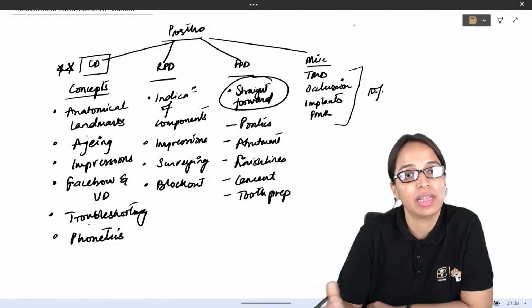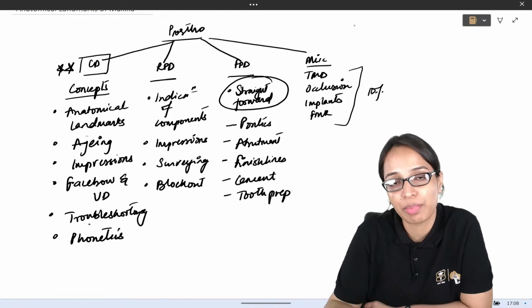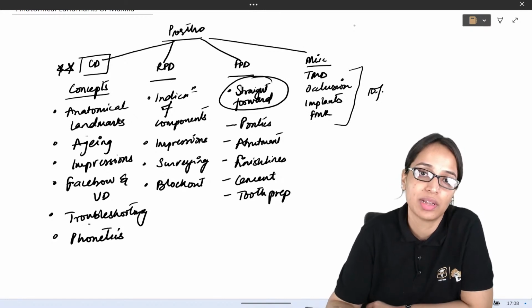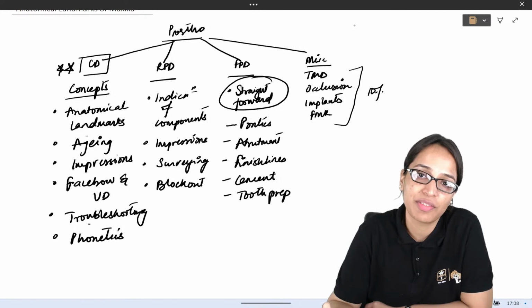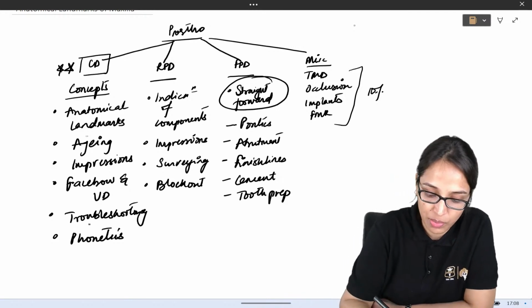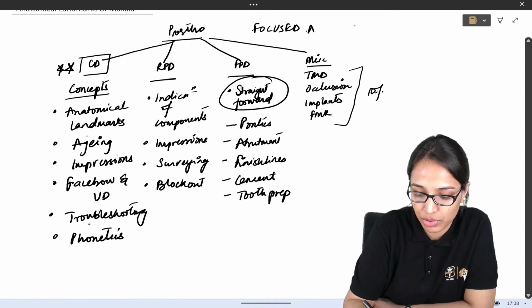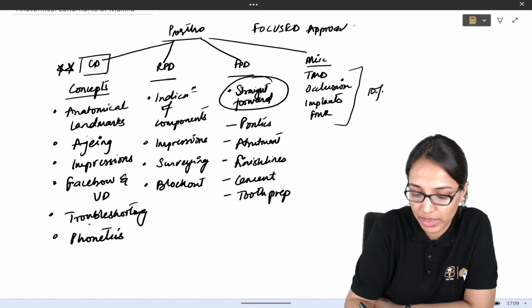There could be an exam where it could be majorly prostho oriented. There could be an exam where you will find very few questions. So when we are strategizing for our exam, we need to focus on certain areas. So what I prefer is called a focused approach to our exam.